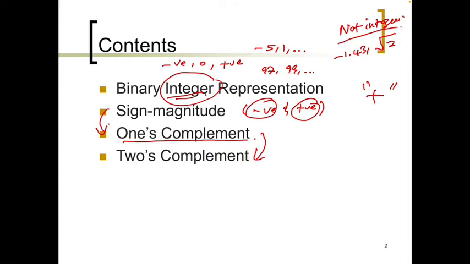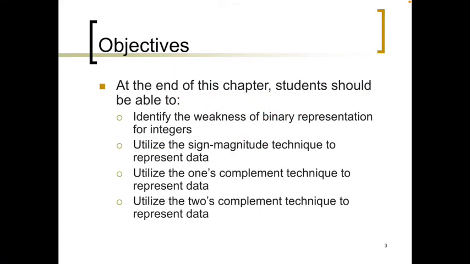So we have two's complement to solve one's complement. So this is our content for today. This is our objective for today's class. The first objective here is you should be able to identify the weakness of binary representation of integers. You will see about this later. The second objective, you should be able to utilize or use the sign magnitude technique to represent data, especially negative data.